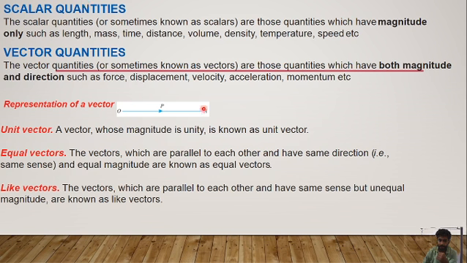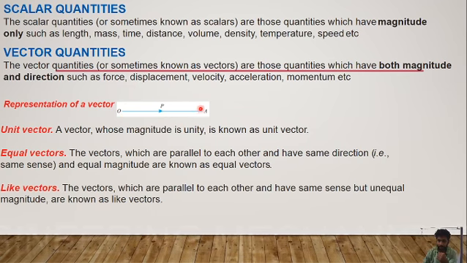The next thing is how we represent a vector. A vector is represented by an arrow. The length of the arrow is the magnitude of the vector, and the direction of the arrow shows the direction of the quantity. Suppose here you can see a vector represented by OA.